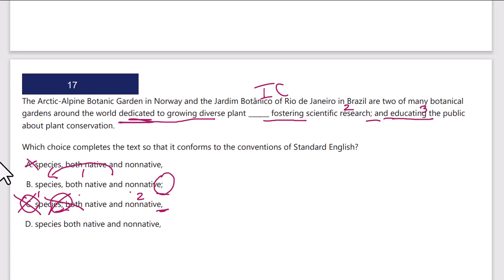Because you wouldn't say both native and non-native fostering scientific research. That really describes the growing diverse plant species. B is actually the correct answer here. So I'm glad we read it again, because we were potentially selecting the wrong semicolon as a super comma. B is the correct answer.